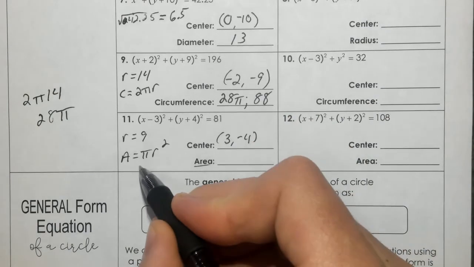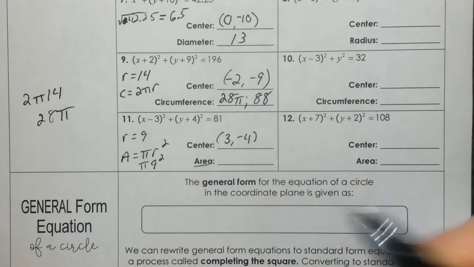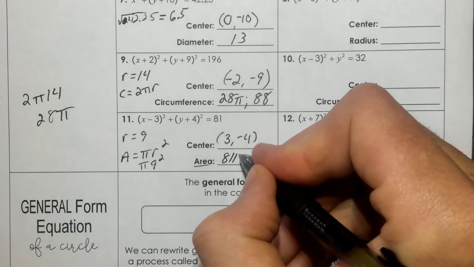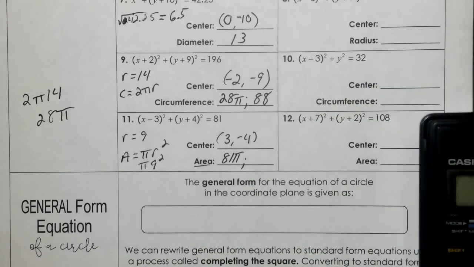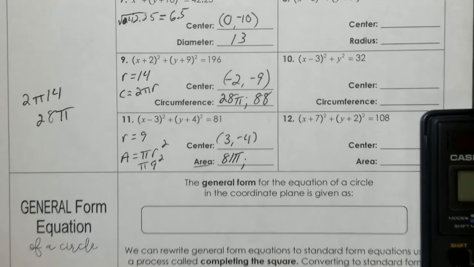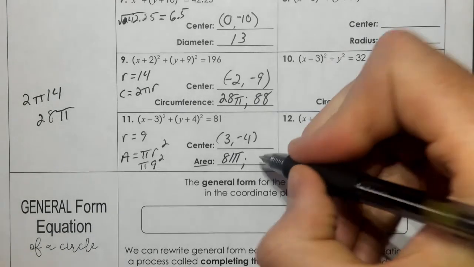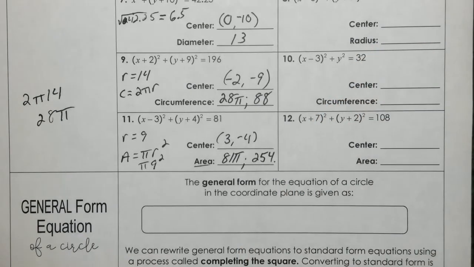So that would be pi times 9 squared. 9 squared is 81, so 81 pi is going to be the area. And once again, if we take 81 and multiply by 3.14, that's approximately 254. About 254.